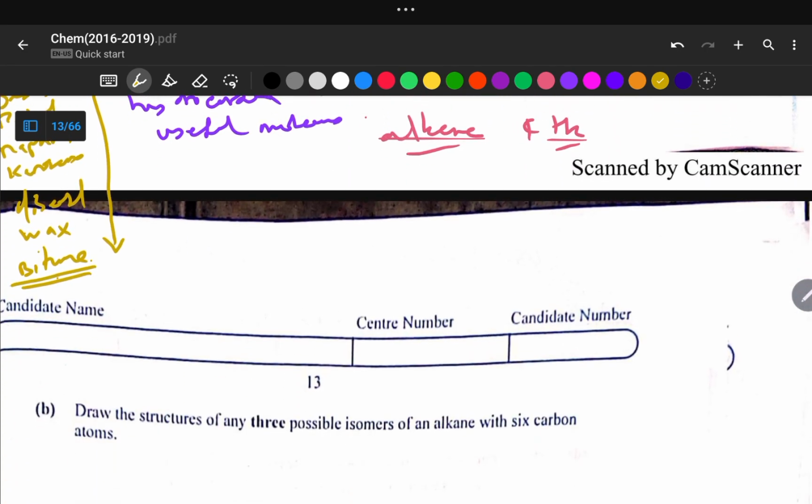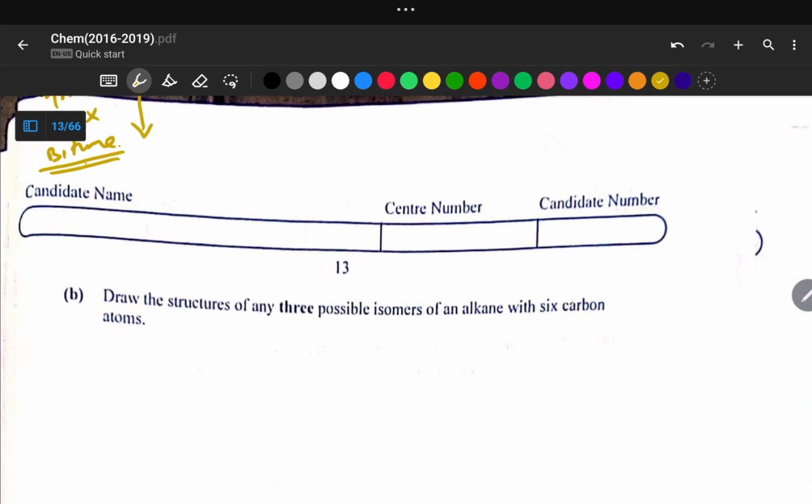And now we can move to the next part of the question, which says draw the structure of any three possible isomers of an alkane with 6 carbon atoms. So 6 carbon atoms is hexane, right? So we're simply going to have the isomers of hexane.